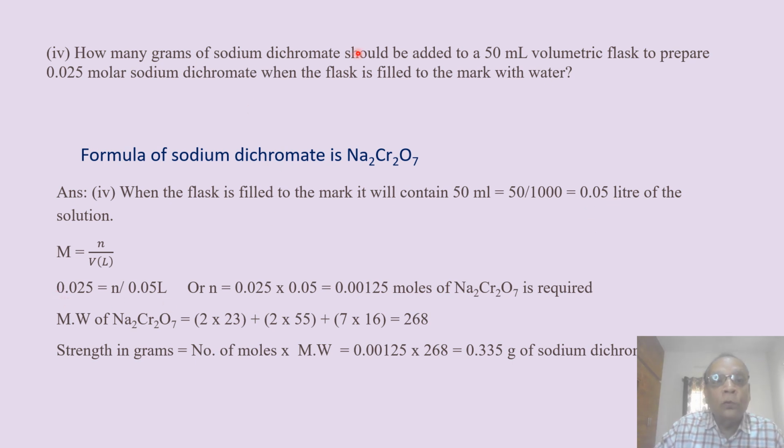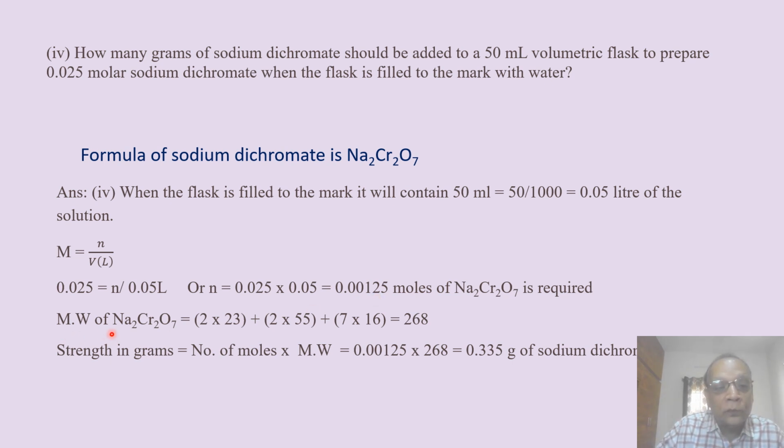Molarity is given as 0.025. So we place the value of molarity here, equals n, which we don't know, so we keep it as n divided by 0.05 L, which is converted here. Or n is equal to, by transposing, 0.025 into 0.05, which is 0.00125 moles of Na2Cr2O7, which is required.